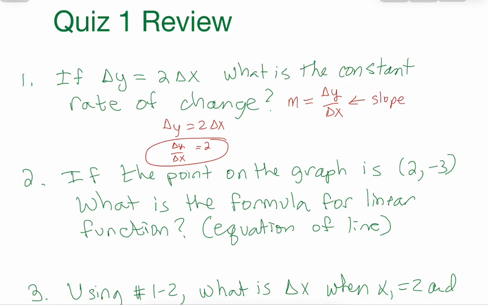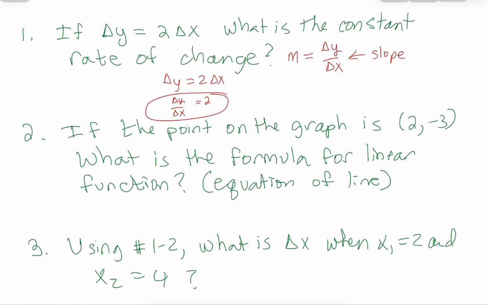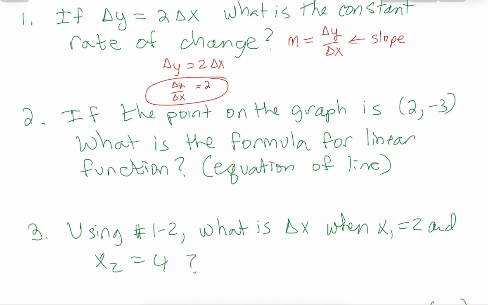Number 2 on the quiz tomorrow says if the point on the graph is (2, -3), what is the formula for the linear function or the equation of the line? So what do we know? We know that the slope we found earlier was 2. The point we found was (2, -3).